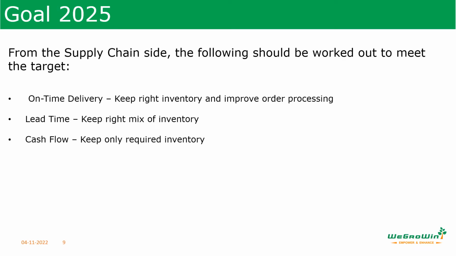From the supply chain side, they should work to meet the targets: improve on-time delivery, which means keeping the right inventory; reduce the lead time, where they have to maintain the right mix; and improve the cash flow so they can support the organization with the available cash, which means keeping only required inventory. To do all these things, there should be a proper process, proper coordination, and an efficient and effective planning process.